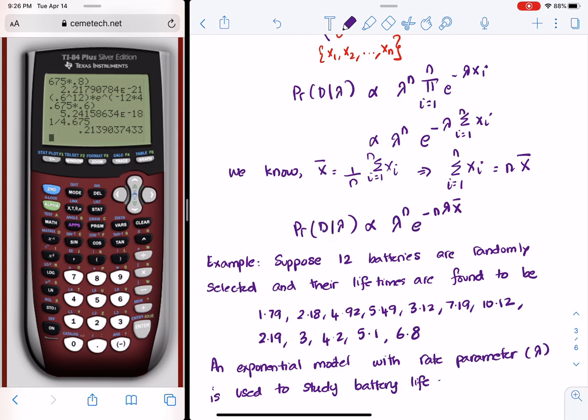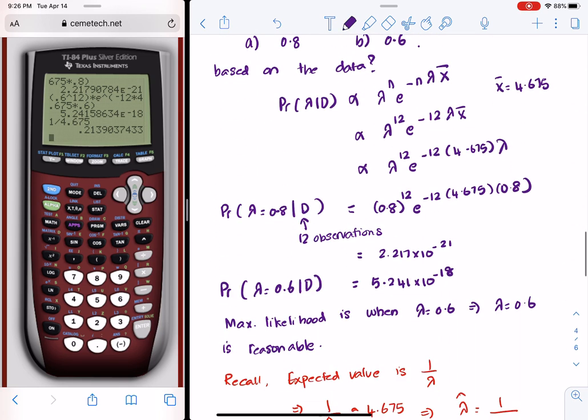What are the chances of seeing the data? I messed up on the notation here. They're not the same. We should know this. Okay, it was just a notational mistake.